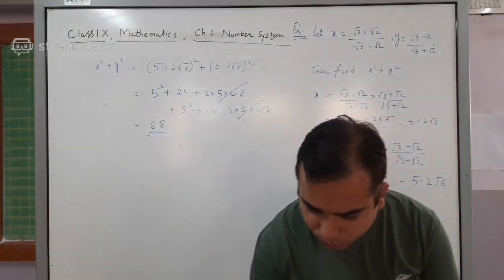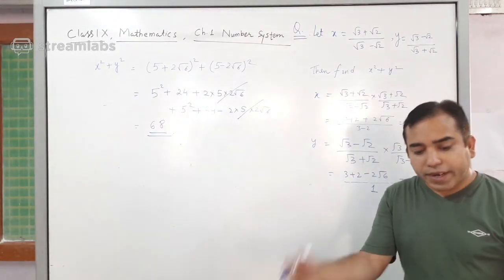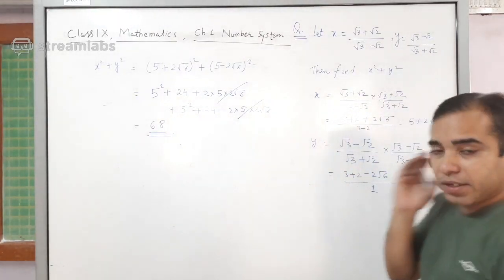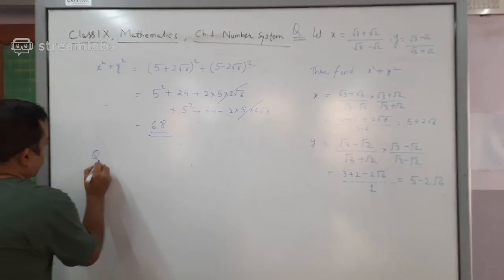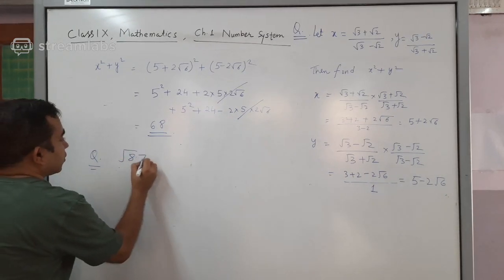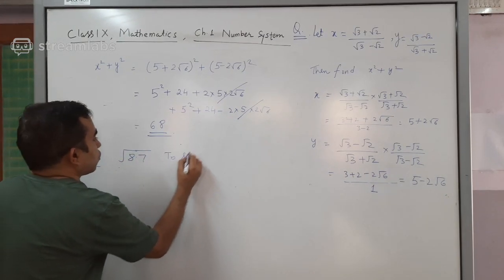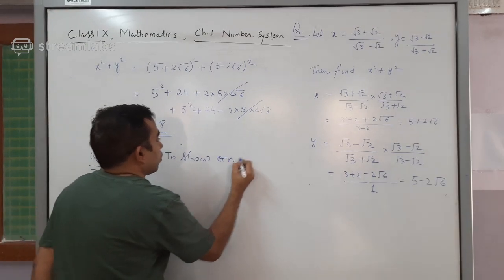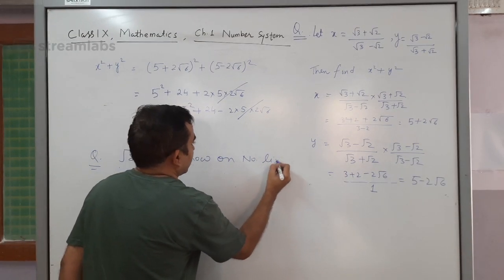Now somebody is asking how to show root 8.7 on a number line.